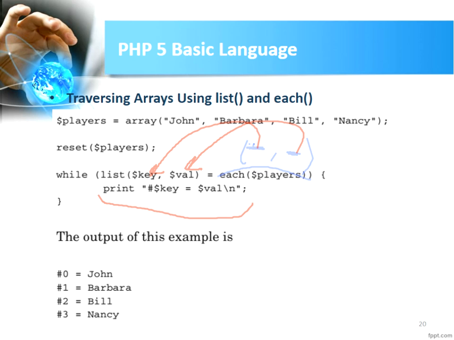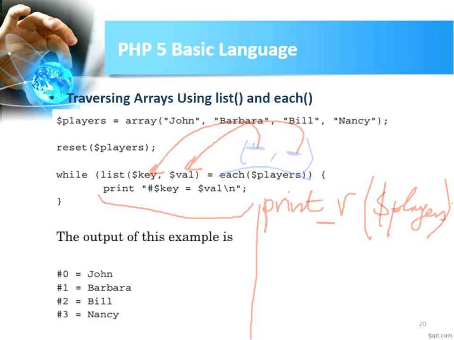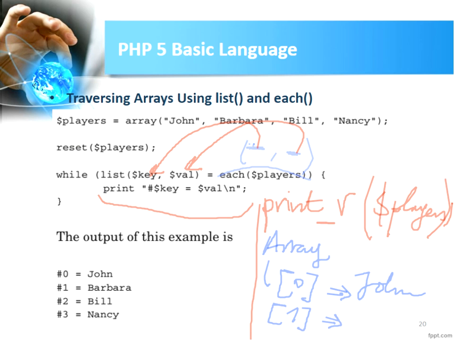We will obtain the same elements. But for example, if I use print_r players, I will obtain a result like this: Array, 0 John, like this, 1 Barbara.